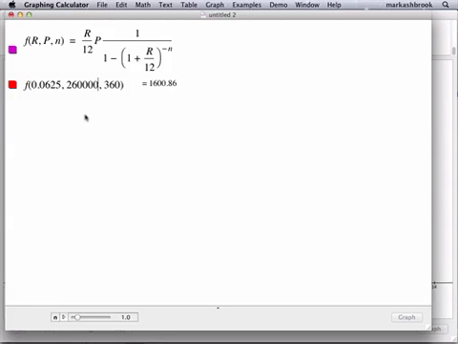So what if I let the number of payments be X? What am I signaling to graphing calculator? I want a graph. And so what is my horizontal axis going to be? It's going to represent what on the horizontal axis?